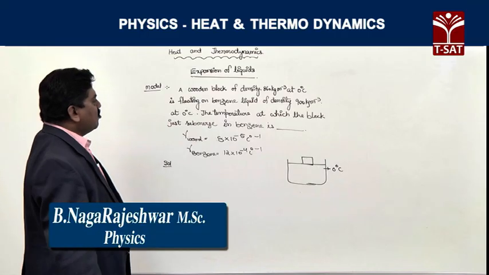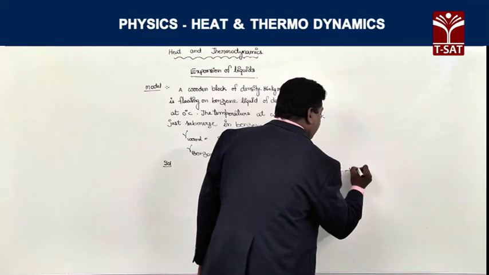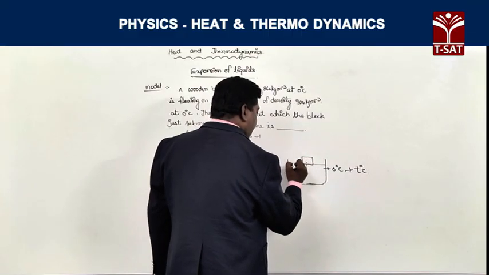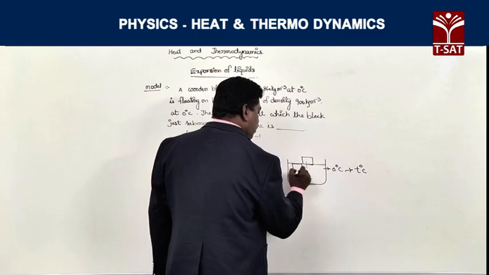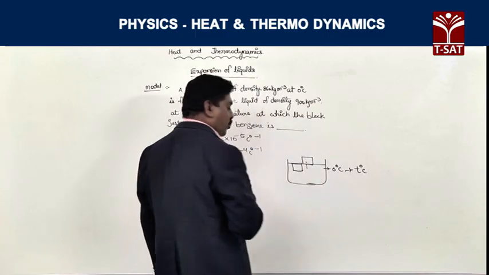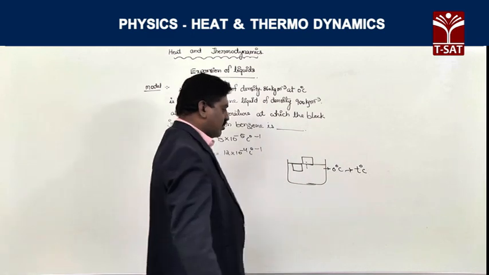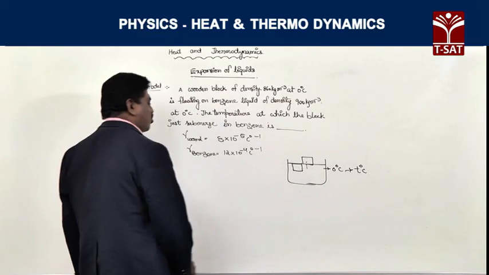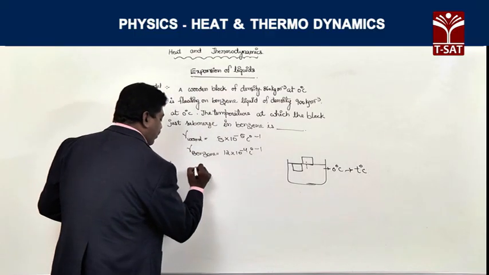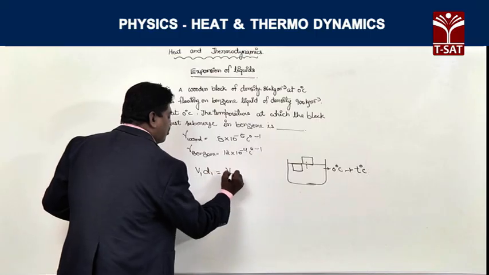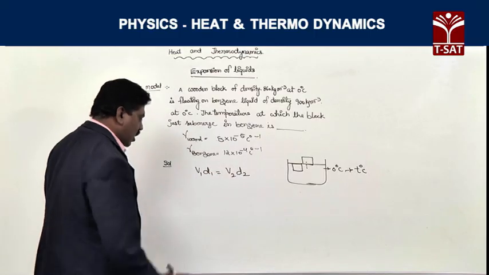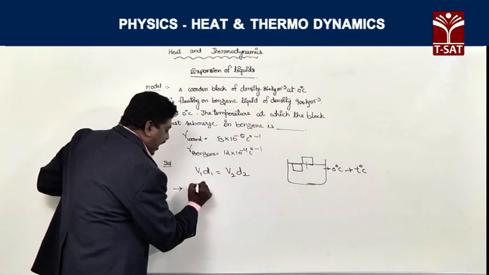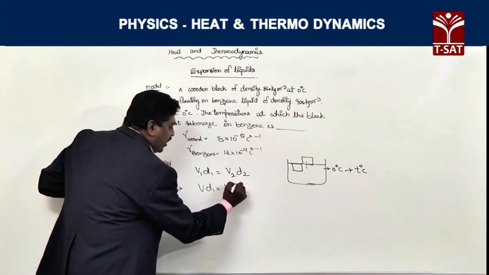When the temperature is increased to some T degrees Celsius, the wooden block just submerges and comes to the bottom surface of the liquid, looking like a suspended body. In such a case, from the law of flotation we have V1 D1 equals V2 D2. When the body is just suspended, we can write it as V D1 equals V D2.